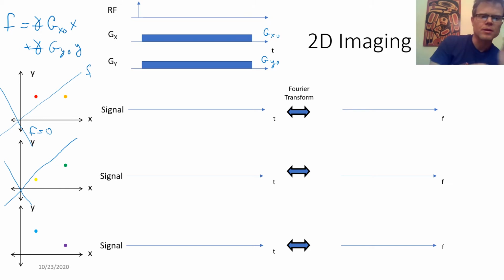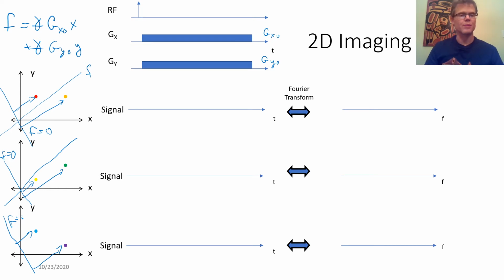And then how far the points are away in this opposite direction is actually going to determine. So again, this is a line for that equation being solved to be equal to 0. And then how far these points in our object are away from that line is going to determine their resonance frequency.